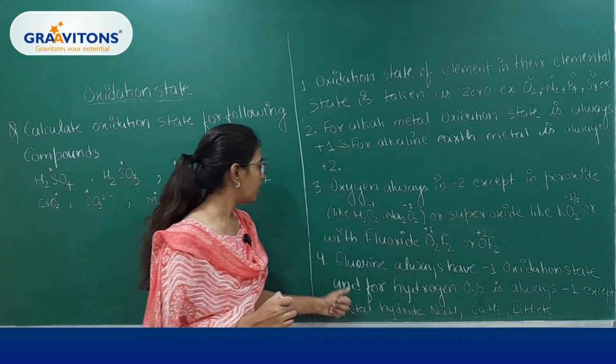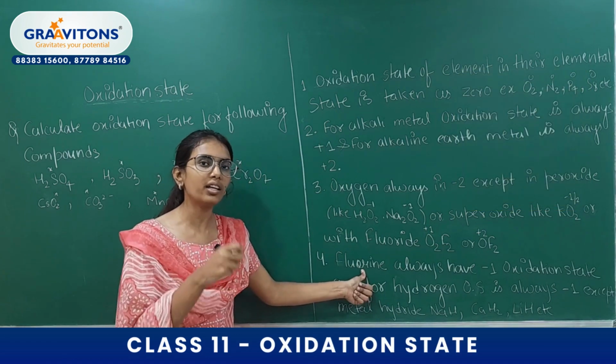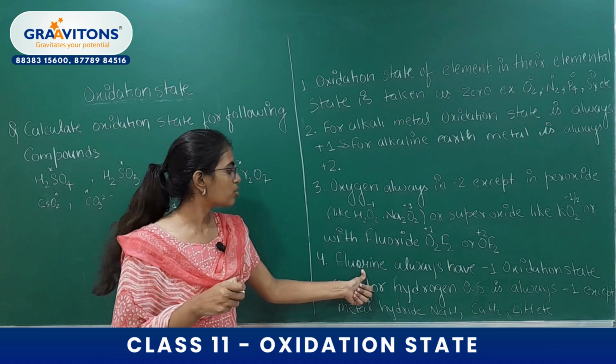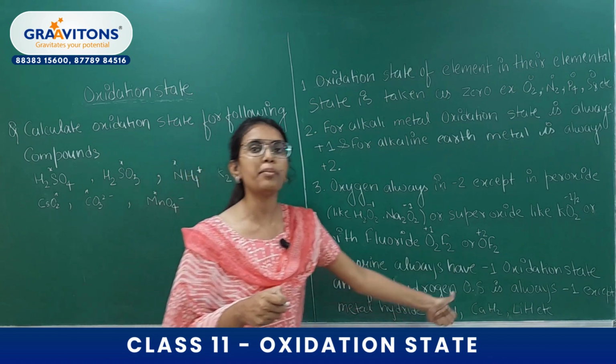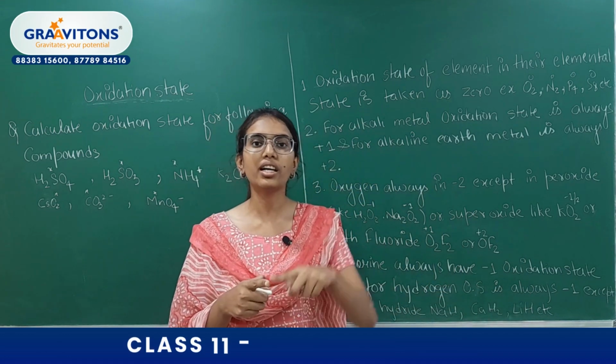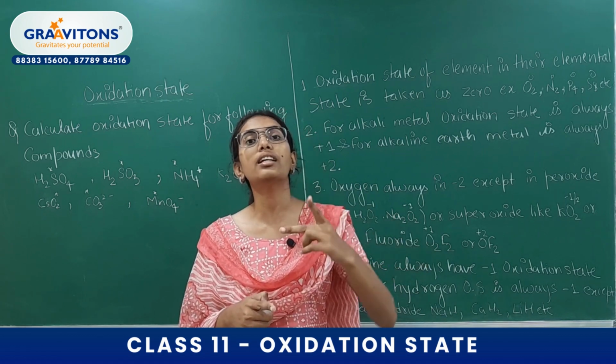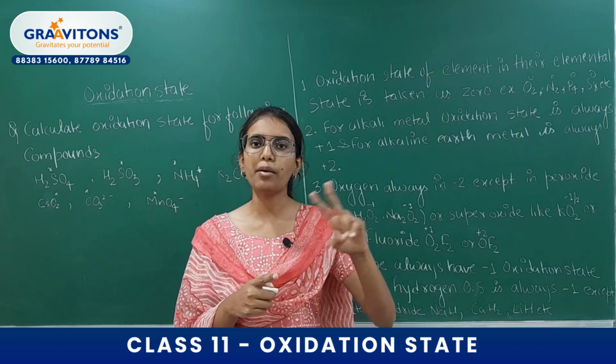If we check fluorine, we know it is the most electronegative atom in the periodic table. So we can say that fluorine always has -1 oxidation state. For other halogens, when they are combining with halogens, meaning in interhalogen compounds, they have -1.